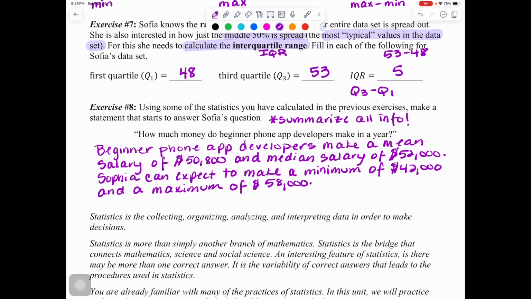And then that IQR information told us about the middle 50%. So let's summarize that now. We know 50% of developers make from $48,000 to $53,000 per year.